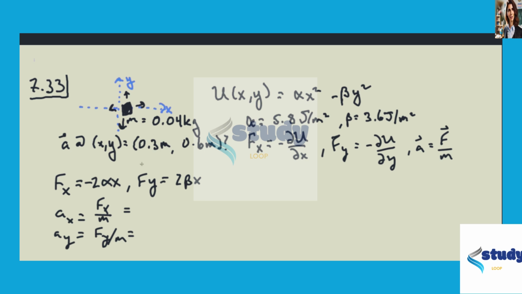And if we evaluate these at the point of interest, we get negative 87 meters per second squared here for x. And for y, we get 97.2 meters per second squared.